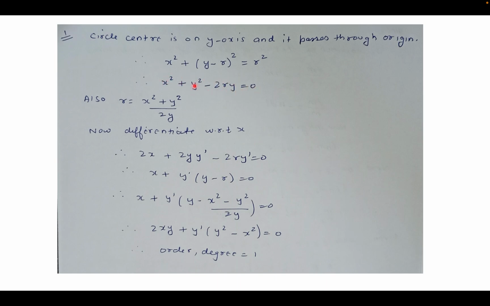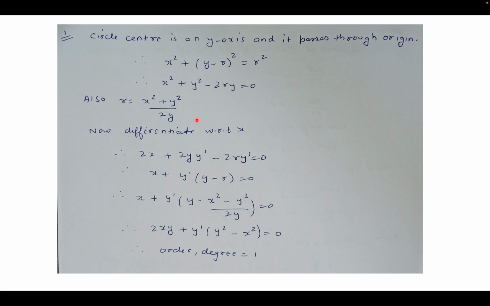Now you can find the expression of r from this equation and write r as (x square plus y square) upon 2y, right? So now you have expressed the radius r of this circle in terms of x and y.